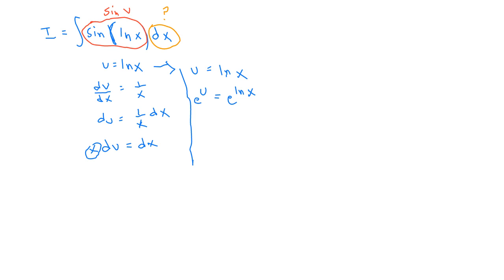Okay, I'm going to exponentiate both sides of this equation. And that's going to then get me that e to the u equals, well, what is e raised to the natural log of x power equal to? What does that equal? X. And so now I got it. e to the u du equals dx.